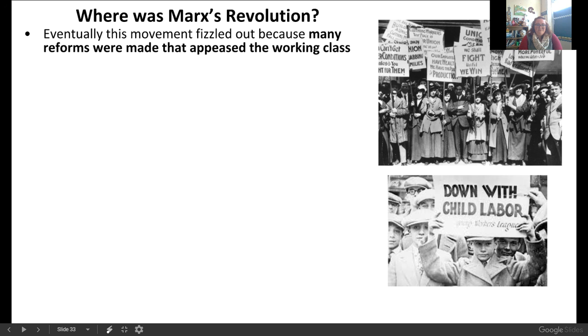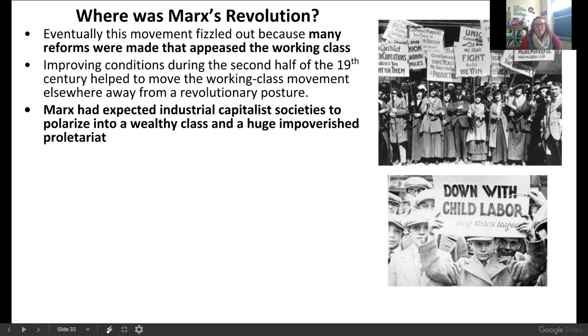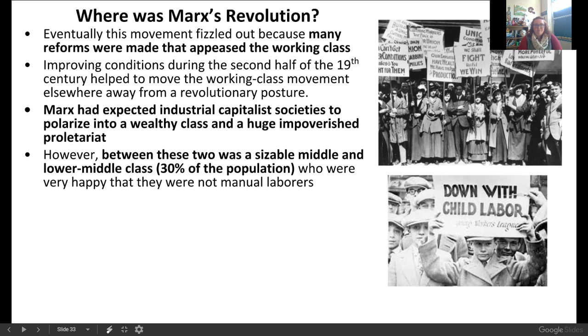Eventually, the movement fizzled out altogether because many reforms were made that appeased the working class. They went on strike for better working conditions, they got better working conditions. So these improvements during the second half of the 19th century actually helped move the working class movement elsewhere, away from full-on revolution. Marx had expected industrial capitalist societies to polarize into a wealthy class and a huge impoverished proletariat, or working class.